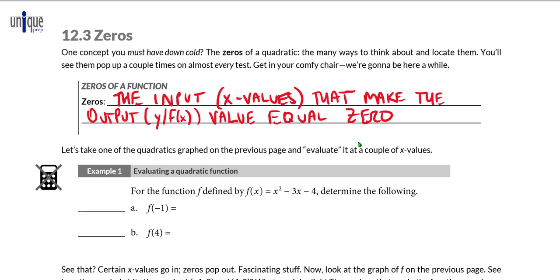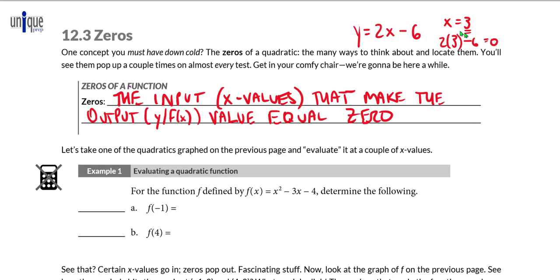This is not a very difficult concept, but again, a lot of students are hesitant about defining what a zero is. I'm going to look at a linear function real quick. If I write y equals 2x minus, let's say, 6, well, I can see that when x equals 3, the right side of the equation becomes 2 times 3, 2 times x, minus 6 equals 0.